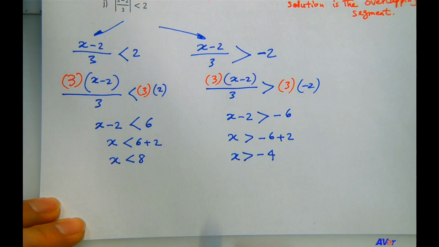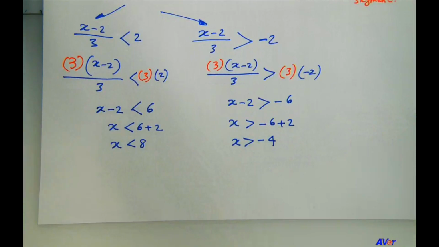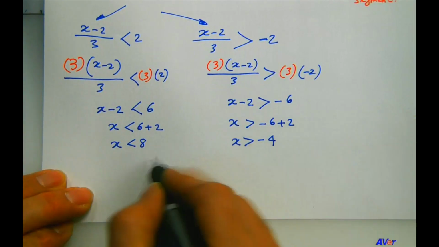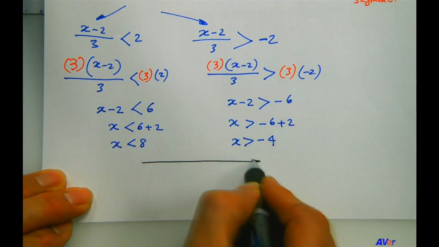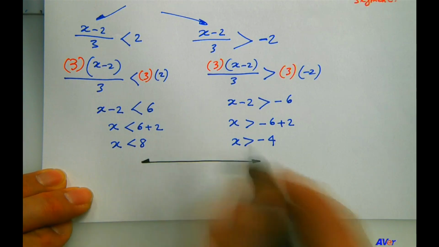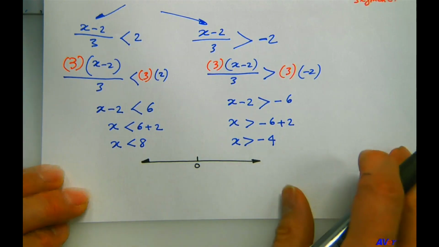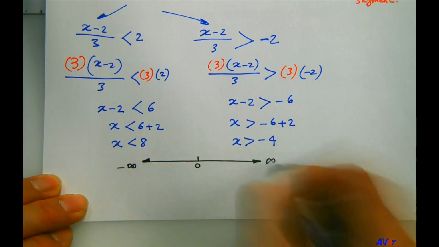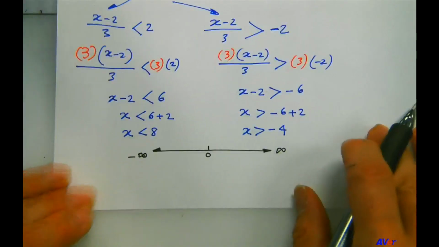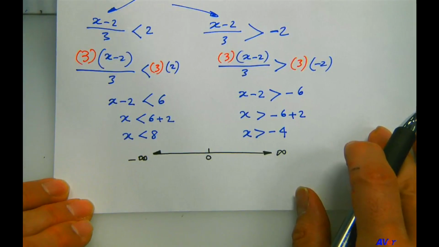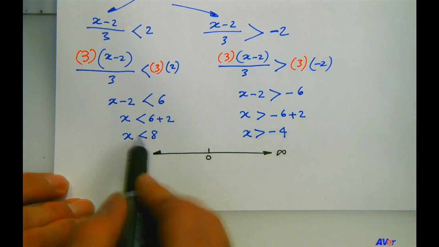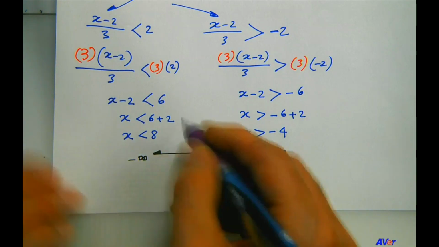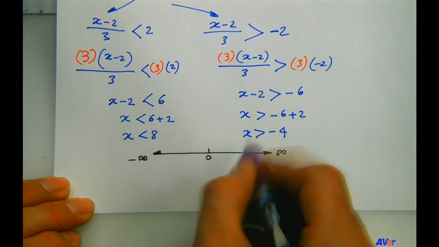Right? Okay, so let's plot this. We don't have to, but sometimes a graph helps us better understand where the solution is going. So -infinity to infinity. Then this solution says anything less than 8.